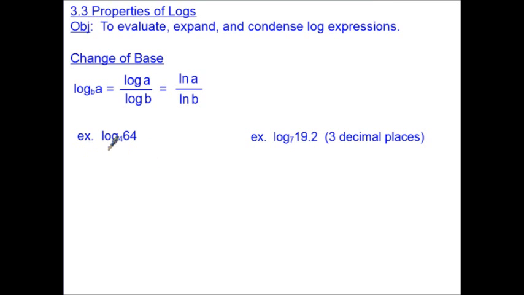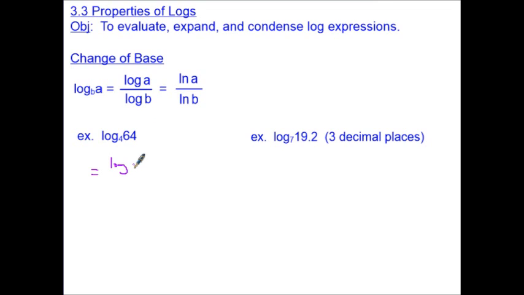If I've got log base 4 of 64, I'm doing this one just to work with something I know is going to work out, because 4 to the third is 64. So I know this thing is going to equal 3. But just to demonstrate the change of base formula in action, I can either pick natural logs or common logs, whichever. For this one I'll just pick common logs.